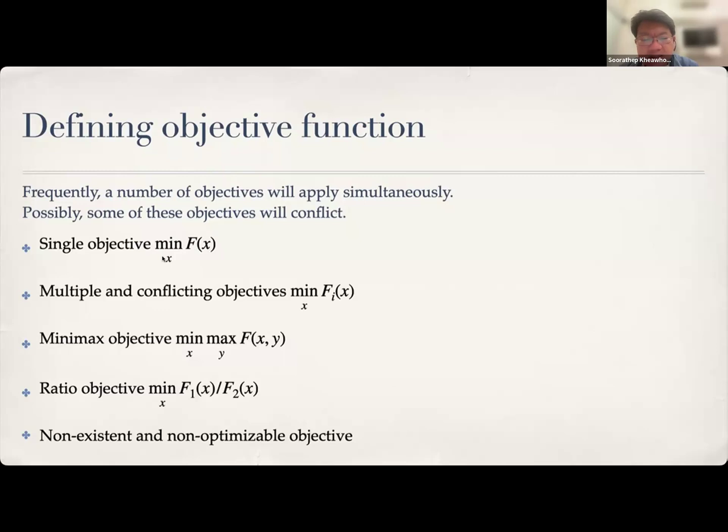And in some cases, you need multiple objective functions. We call it multiple and conflicting objective. So in that case, we minimize F1, F2, F3, depending on how many objective functions you want to consider.